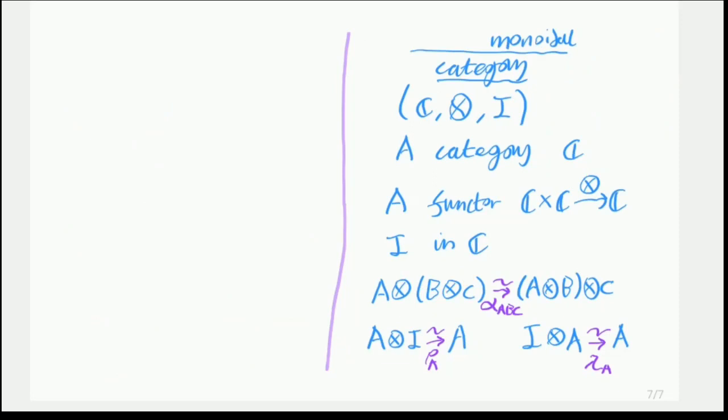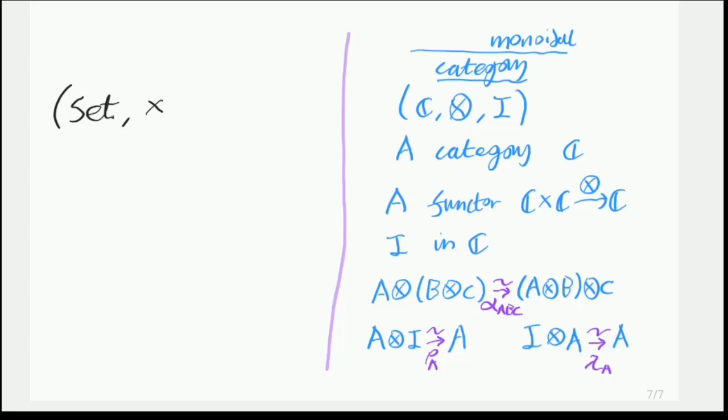Let's have a look at an example that's going to be really important for us today, which is going to be Set. The category Set is a monoidal category. The tensor product is just going to be the Cartesian product.